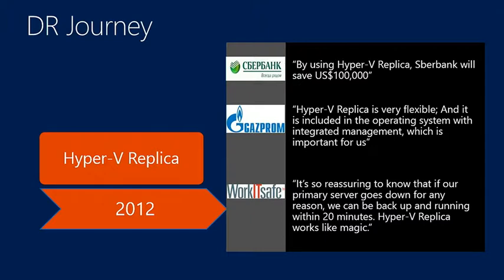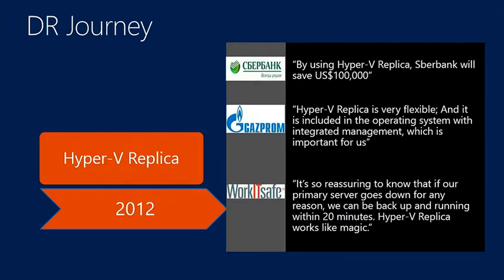An interesting one to point out is the Work IT Safe Group. They deployed Hyper-V Replica because they were generally interested in disaster recovery, and then were affected by Hurricane Sandy in the US about 2 months after they deployed it, and were able to use Hyper-V Replica to get their servers, their workloads up and running quickly.